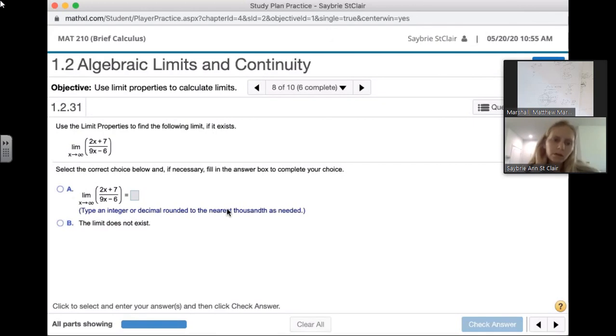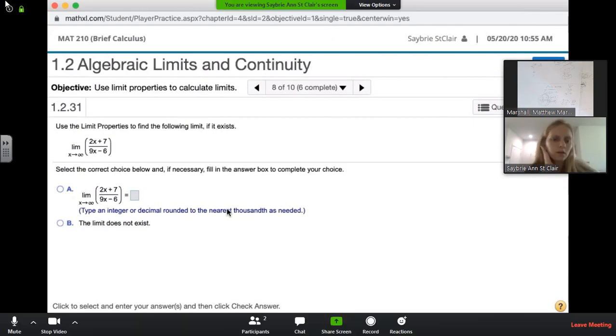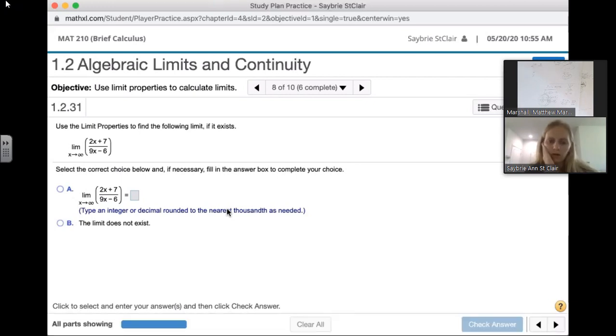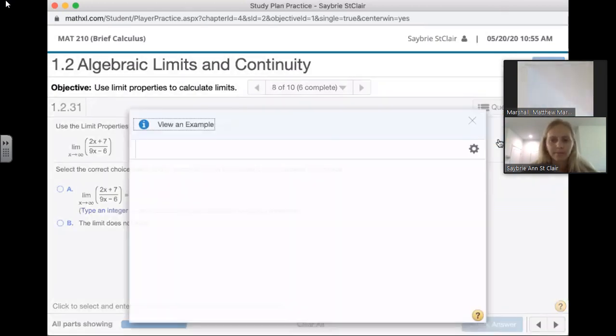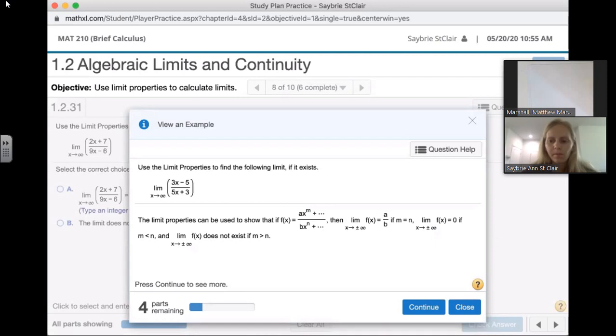Ooh, infinity. I don't know. We didn't do an infinity one. Does this have an explanation? Maybe. It does? Sweet. M is 1, N is 1. Okay.